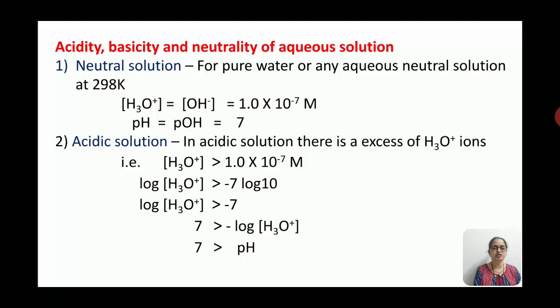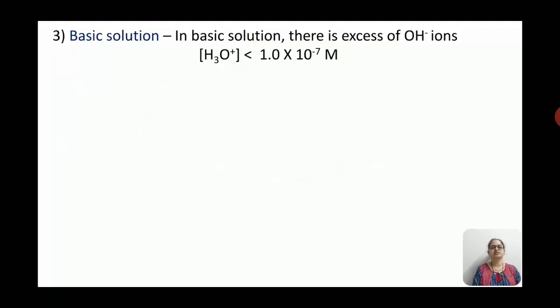Keep one thing in your mind. For acidic solution, H plus ion concentration is greater than 1 into 10 raised to minus 7 molar. That means pH is less than 7. Whenever hydrogen ion concentration is more, pH will be less. Now for basic solution.